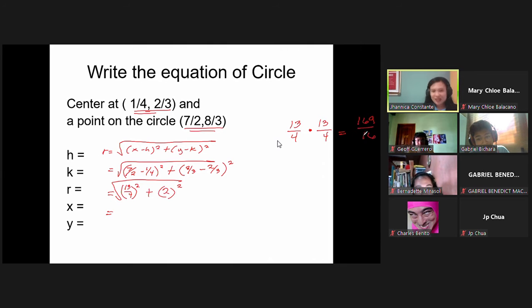Can we still simplify this fraction? What is the simplified form of 169/16?